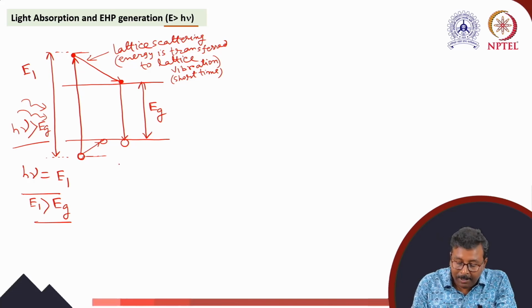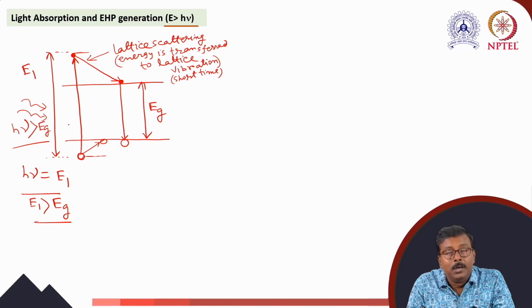Because the electron hole pair generated due to incidence of light must be separated out in a solar cell before their recombination.